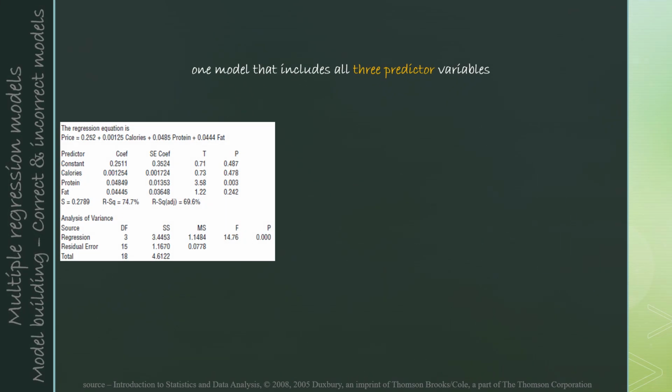Below is the result of one model that includes all the three predictor variables. Price equals 0.252 plus 0.00125 multiplied by calories plus 0.0485 multiplied by protein plus 0.04444 multiplied by fat.